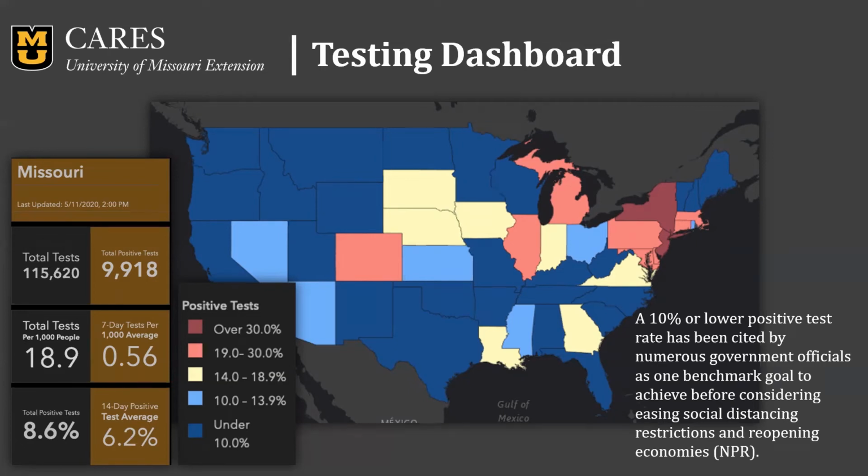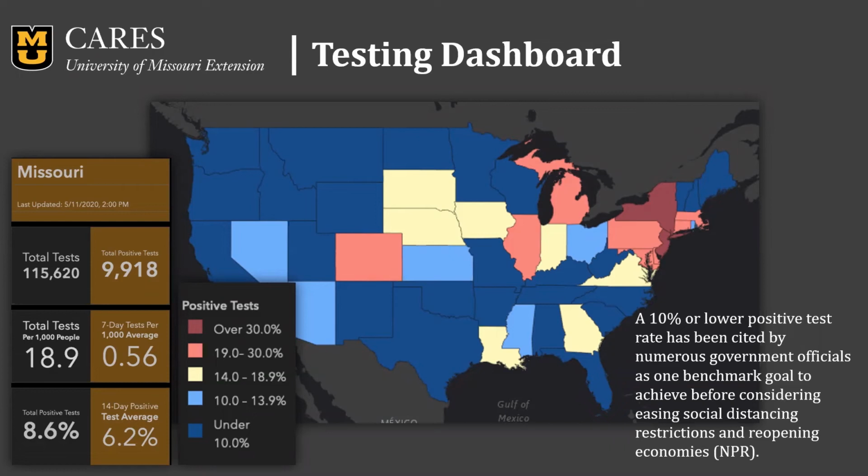If you have a testing rate below 10%, that means you are testing enough people to have a hold on the new cases that are coming into the state. So states are aiming for a 10% threshold. You can see about half of the states meet that threshold right now for the cumulative total.